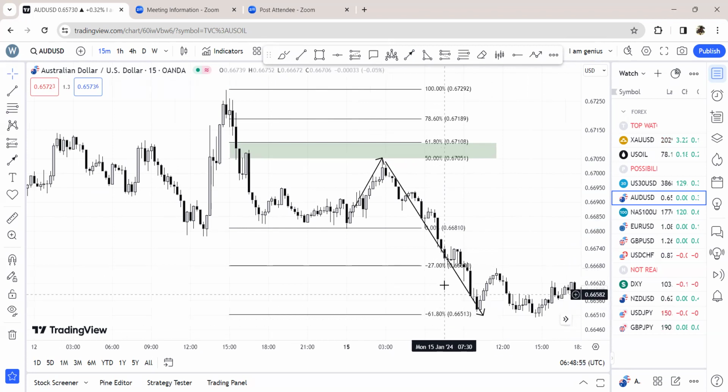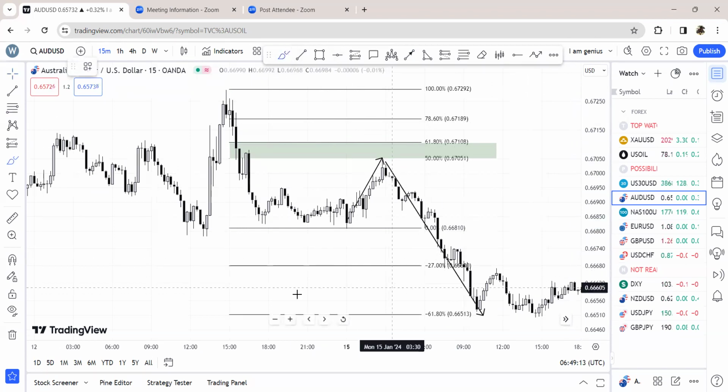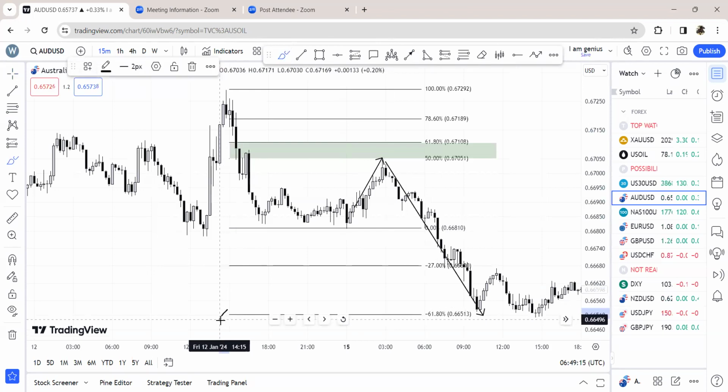Now these extension levels mean that if a certain trend is very strong in either direction, either an uptrend or downtrend, chances are it's going to reach this extension level.